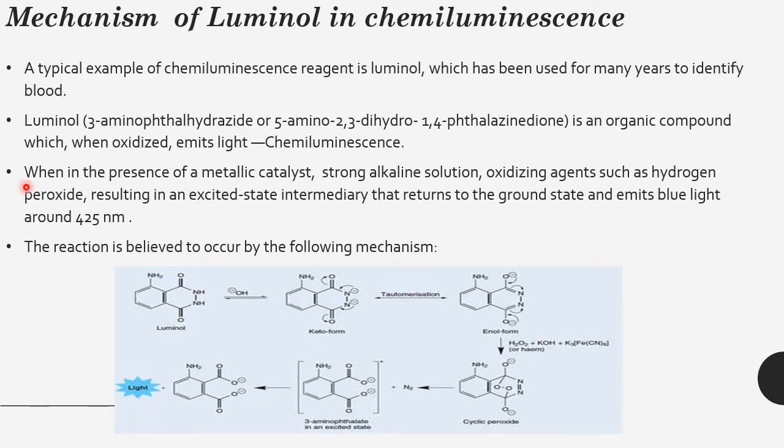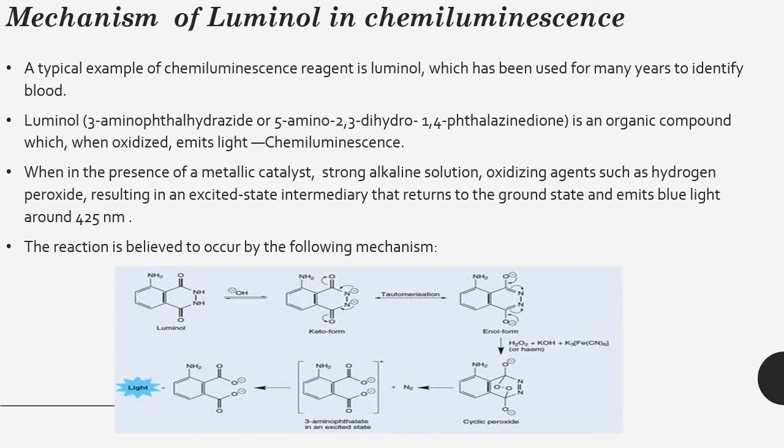As I said earlier in the first point of this slide, luminol has been used for many years to identify blood, as forensic scientists use this reaction of luminol to detect blood. A mixture of luminol in a dilute solution of hydrogen peroxide is sprayed onto the area where the forensic scientists suspect that there is blood.